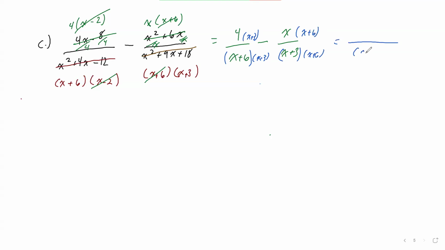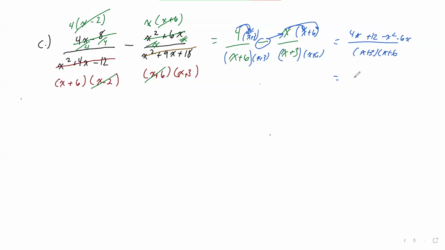So now my denominator is x plus 3 and x plus 6. 4 times x is 4x. 4 times 3 is 12. And then this negative here will be attached to the x. So when I distribute, it becomes negative x squared and negative 6x.